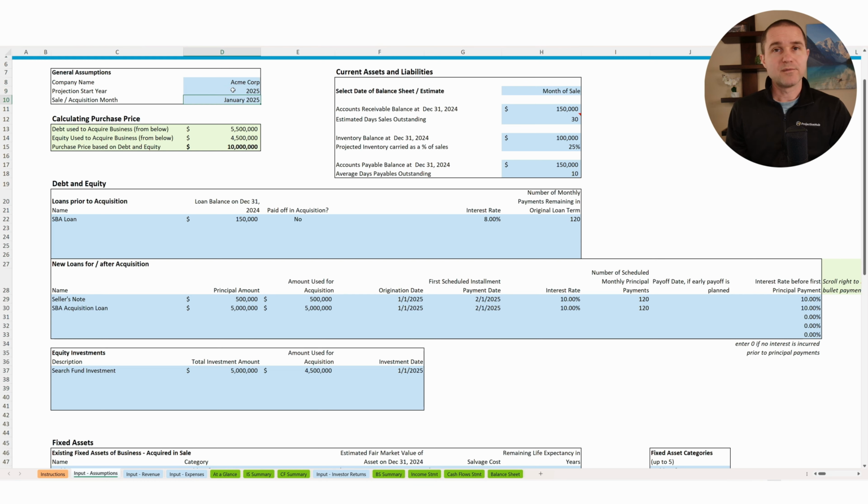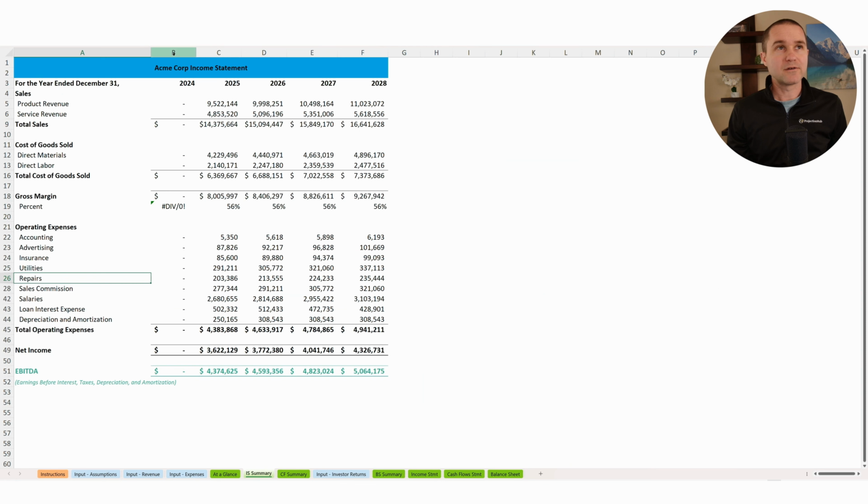Now, the model's a little finicky with dates. So if you were to say the projection start year was, let's say, 2024, but you don't buy the business until January of 2025, it's going to cause an issue. The model is saying, okay, we're starting the projections in 2024, but it only displays financials post the acquisition date.